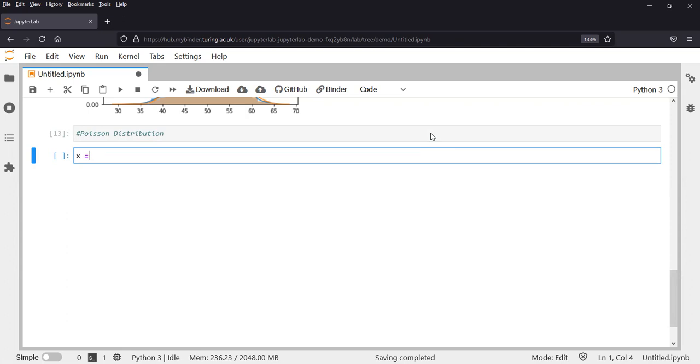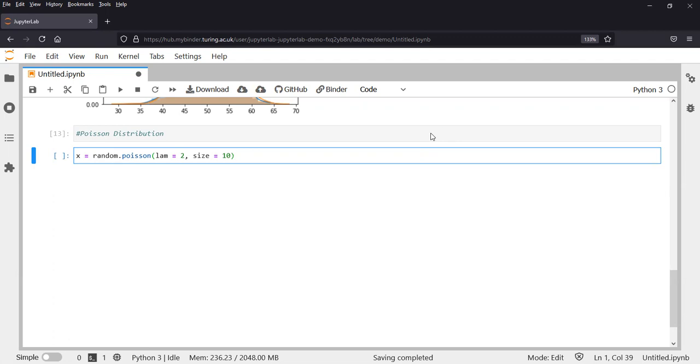You just put a variable and type random dot poisson, lambda is 2, and size is 10, because it only has two arguments.